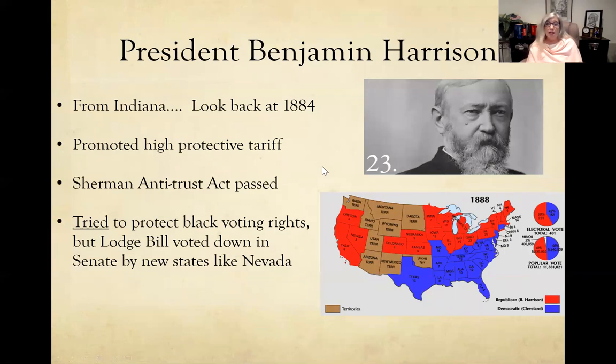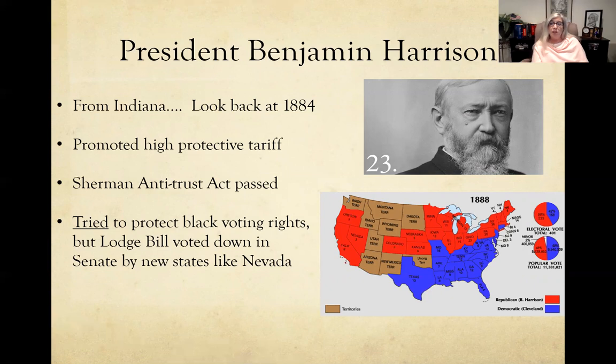Okay, so then if we look back here in 1888, the next president, you've got all these issues going on with Grover Cleveland. So then the next president who comes in is Benjamin Harrison. And he's the grandson of William Henry Harrison, the guy who was only president for like 30 days because he had caught pneumonia with his really long speech that was in the rain on Inauguration Day.